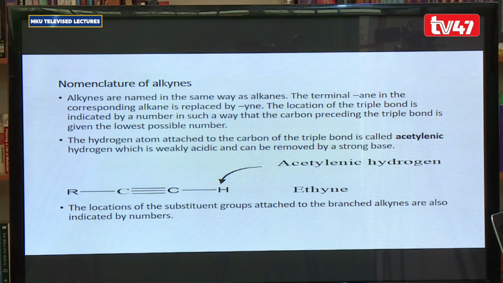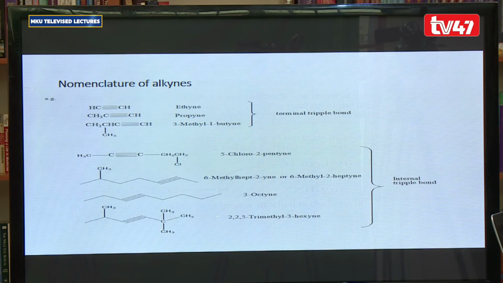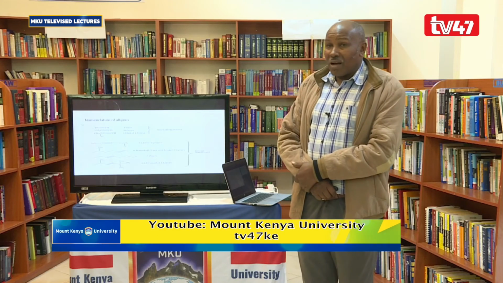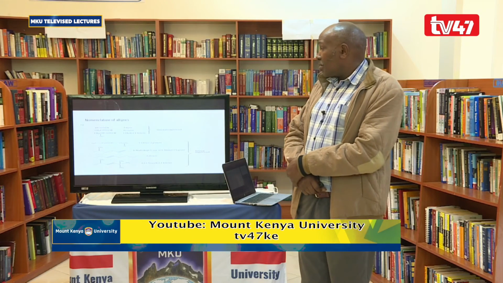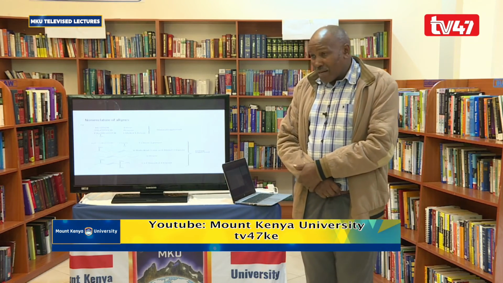In this one, where one carbon is bonded to an alkyl group, we say that this is a terminal alkyne. So in naming, for the simplest, we use the prefix eth and then the suffix yne. So the simplest 2-carbon is ethyne. If it is 3, it is propyne. If it was 4, it would be butyne.